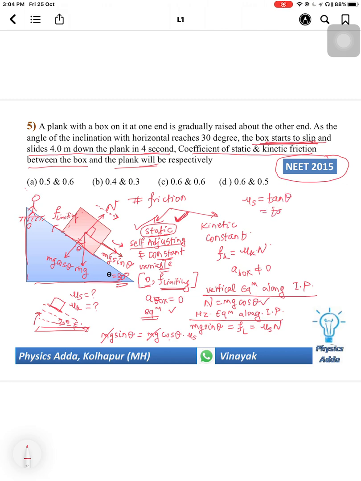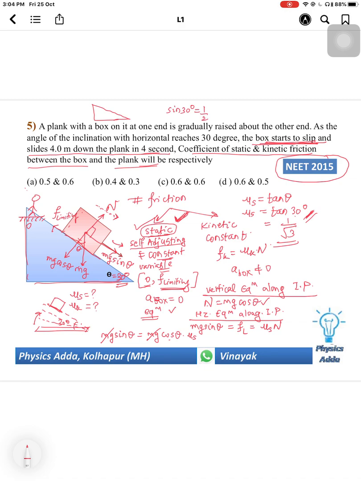What is the value of tan 30 degrees? Theta is 30 degrees. It is 1 by root 3. There is a trick to keep in mind the values of standard angles, like 30 degrees. You only have to remember the value of sin 30, which is half.